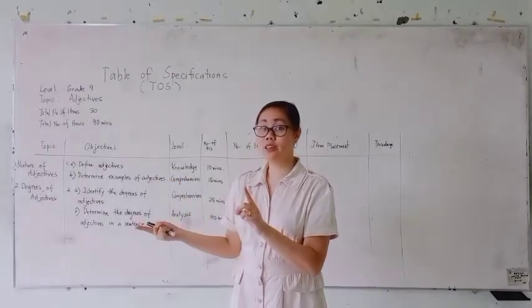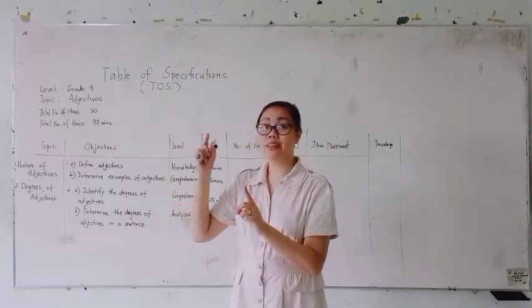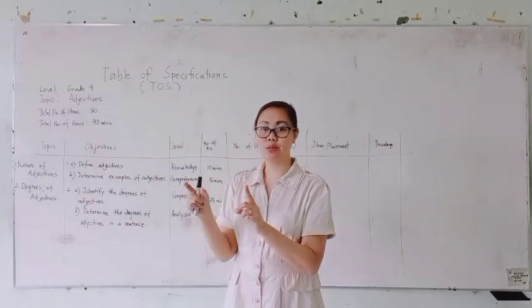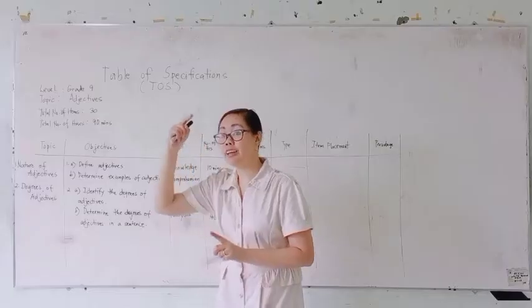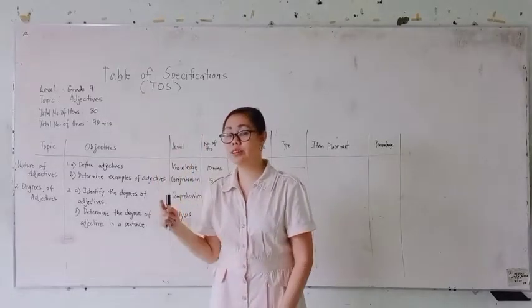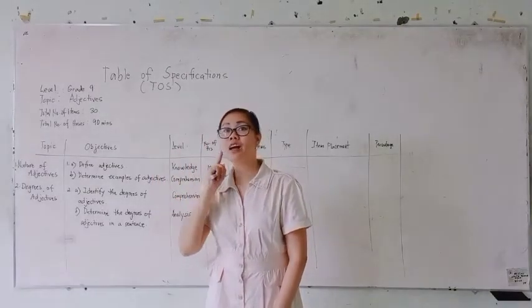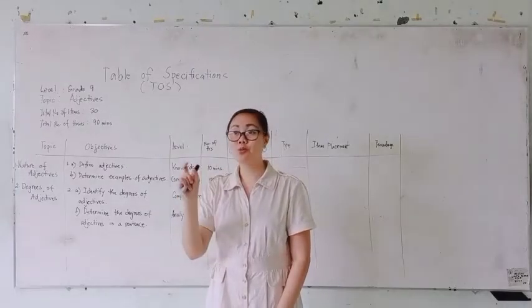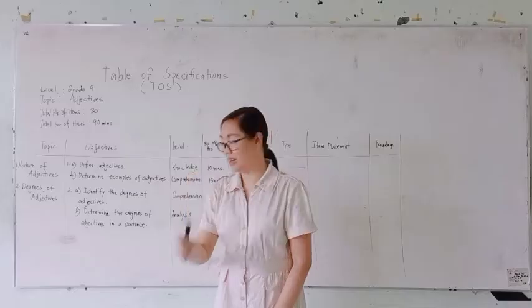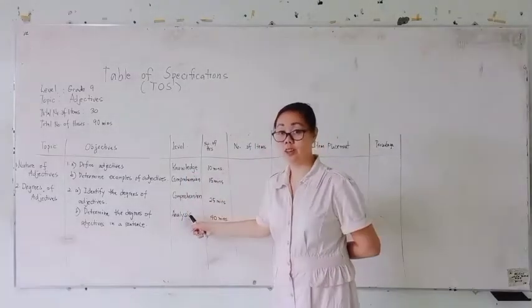The next thing that you should do is to identify the degree of that adjective, which is most handsome. And then, kapag na-differentiate mo yung tatlong degrees na yun, malalaman mo na, most handsome is superlative. So, that will be your answer. That made it analysis. Okay?